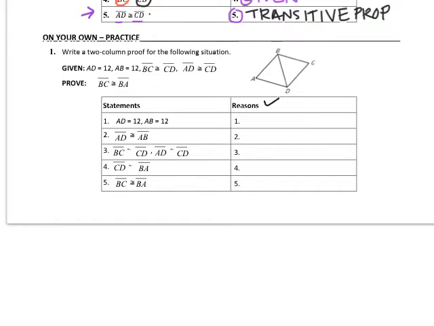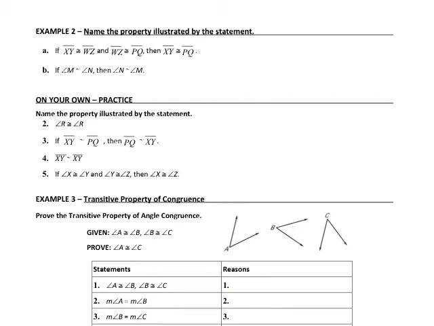Another suggestion is that you actually mark up the diagram so that you can see exactly what you're dealing with, and remember that you have to give a reason for number 5. You cannot just write the word prove there. On the back side of your paper, we have a couple more proofs, and then also in example number 2, we want to name the property that is illustrated by the statement.